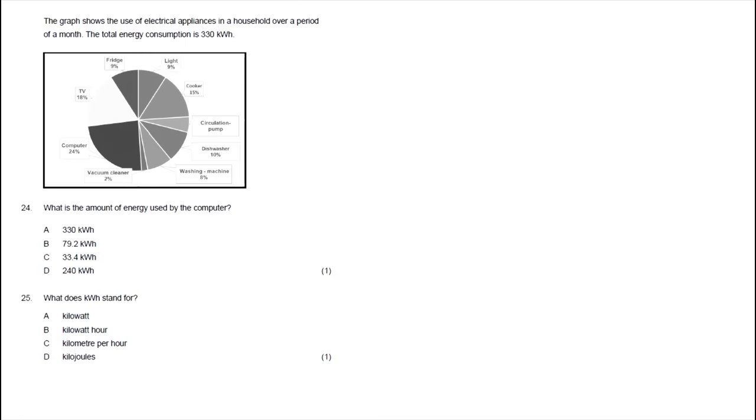And then next, we will move to question 24. So here we can see that we are told that the graph shows the use of electrical appliances in a household over a period of a month. And we are told that the total energy consumption is 330 kilowatts.